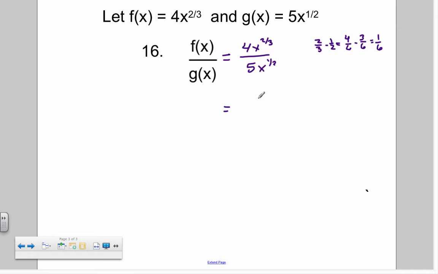So this is going to be my exponent for my x. I'm going to have 4 times x to the 1/6 power over 5. I could always write this, I could pull out the 4/5 to the front, 4/5 x to the 1/6 power. So that is the operation f of x divided by g of x, but we also need to state the domain.